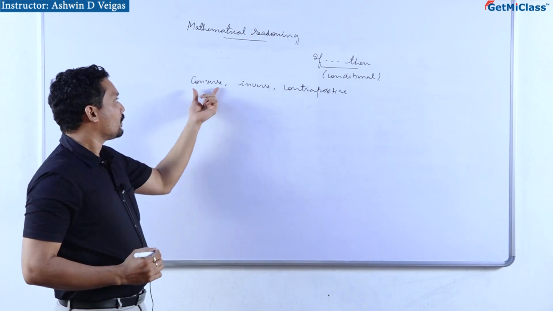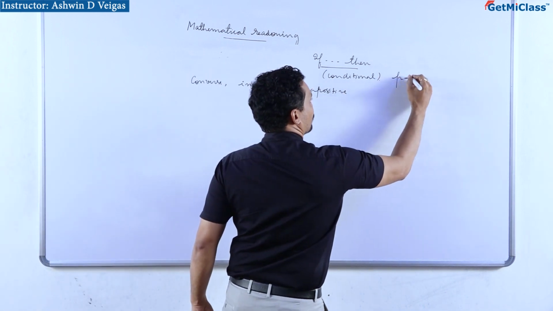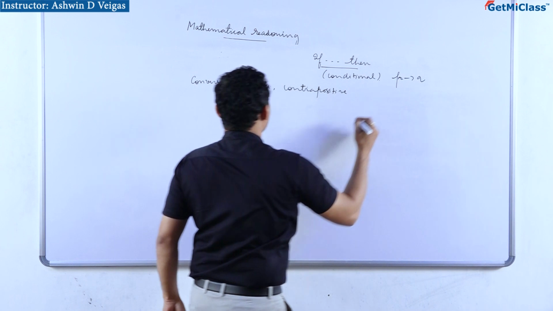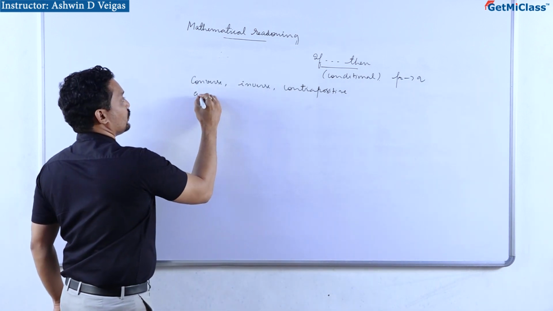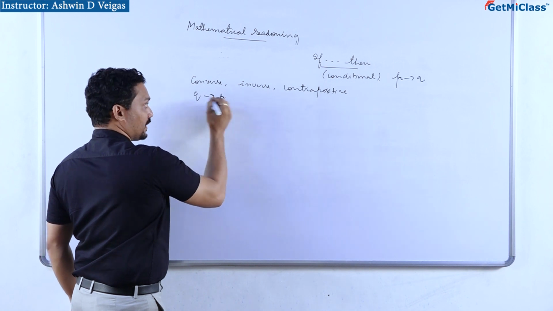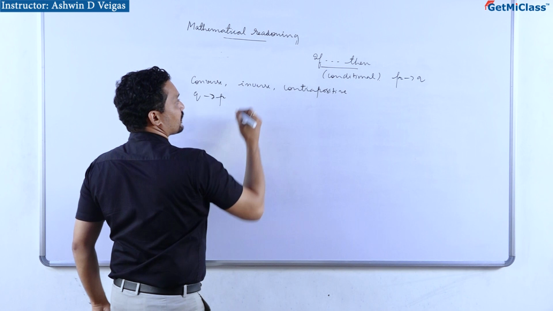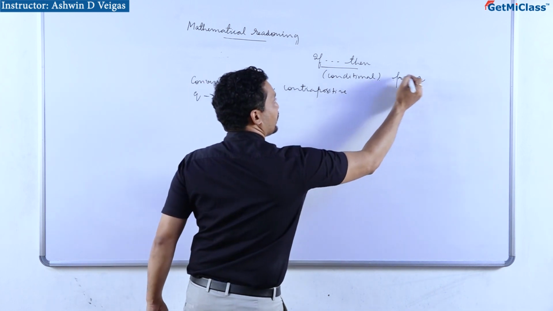Okay. What is meant by converse? Suppose we have a conditional P then Q, then the converse is always Q then P. So, Q then P is called the converse of P then Q. What is inverse? Inverse is if you negate it directly.